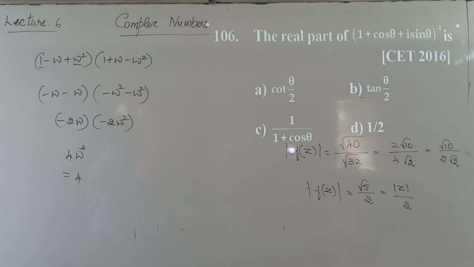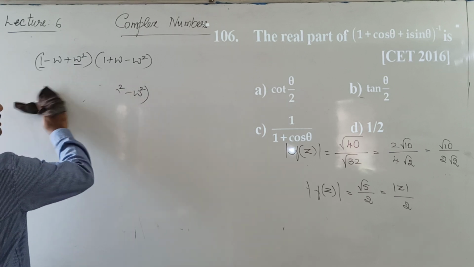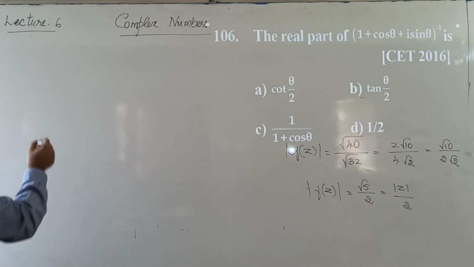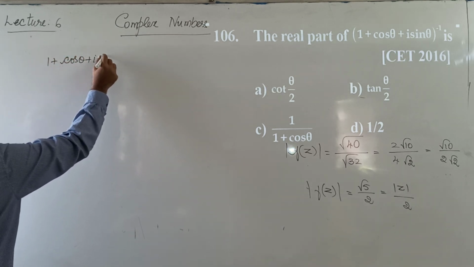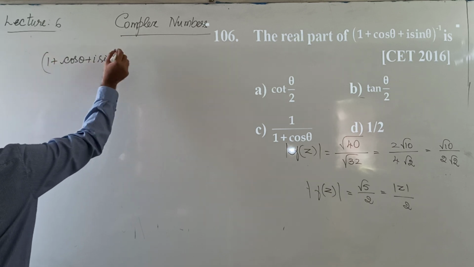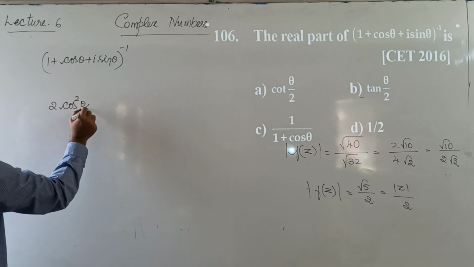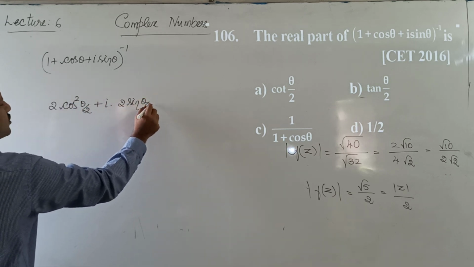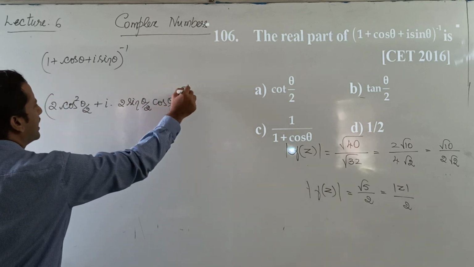Next question. The real part of (1 plus cos theta plus i sin theta) whole power minus 1 is? Inside, 1 plus cos theta I can write as 2 cos square theta by 2, and sin theta I can write as 2 sin theta by 2 cos theta by 2, whole power minus 1.